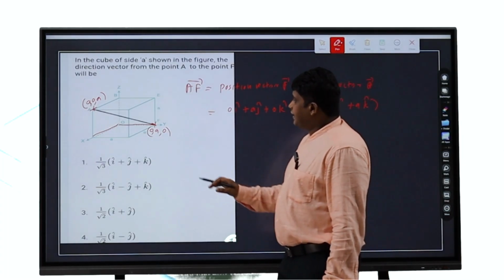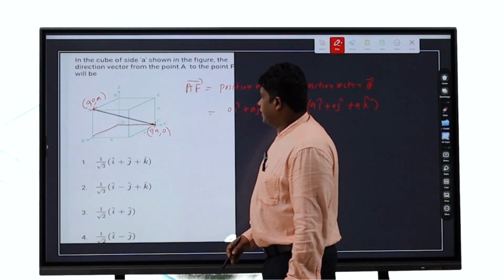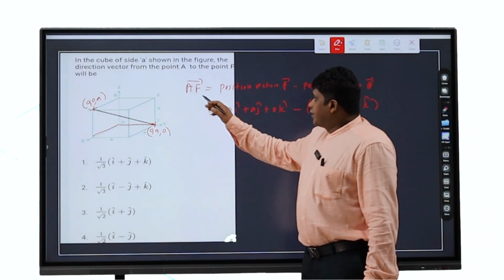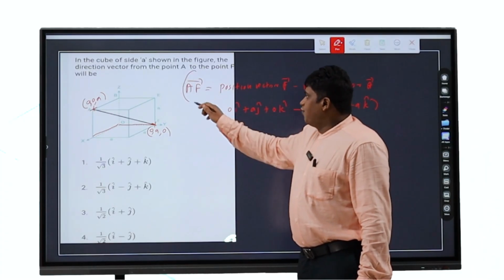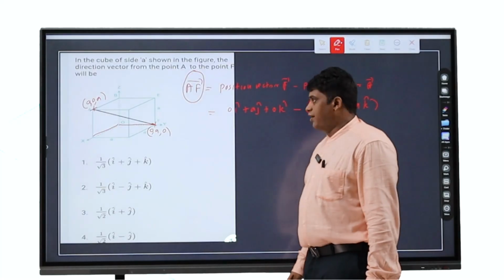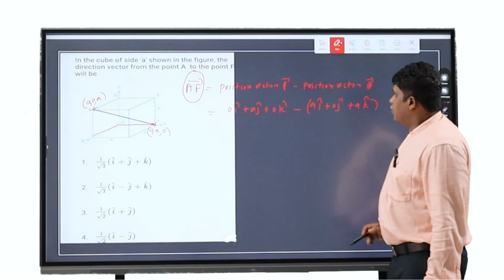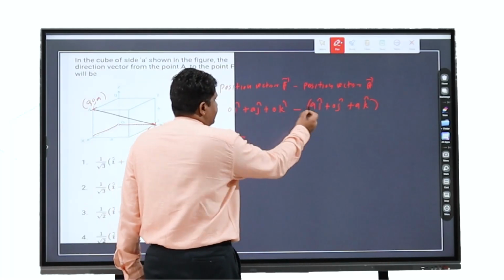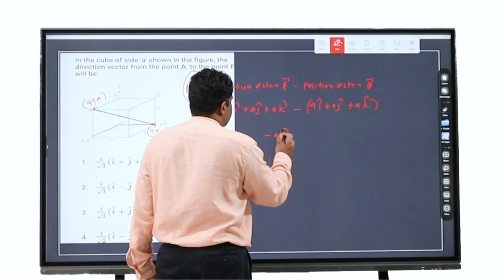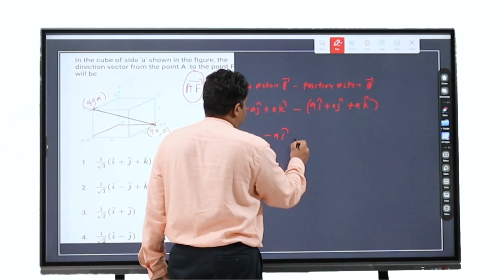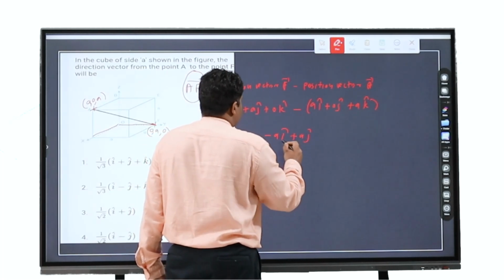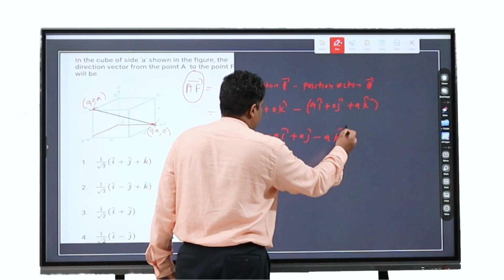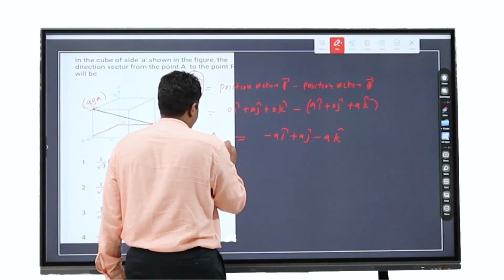And we have to find the direction vector. What is the direction vector? We have to find the unit vector along the direction of AF, which is known as the direction vector of AF. First we have to find AF. AF is 0i minus ai, aj minus 0j, 0k minus ak. This is the vector AF.